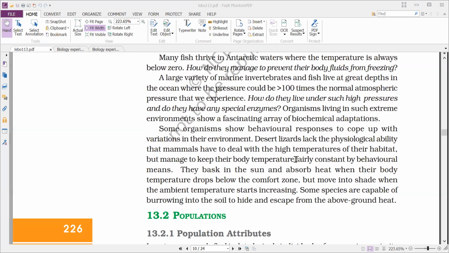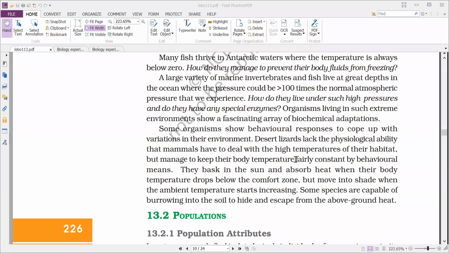Like that, the desert lizards also. What the desert lizards do is move to the shady region when the temperature of the organism is very hot, more than the optimal condition.